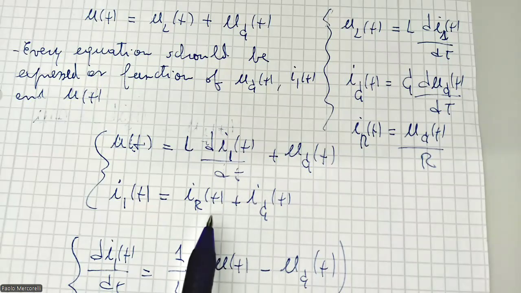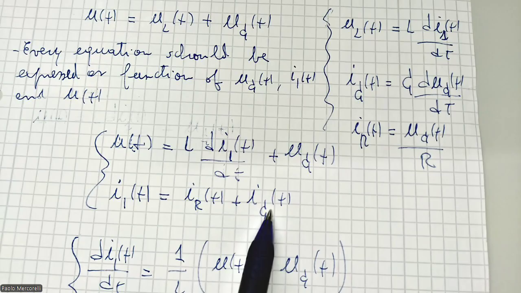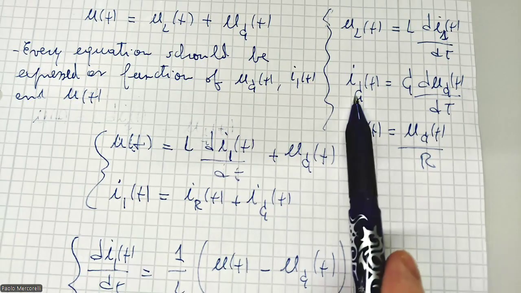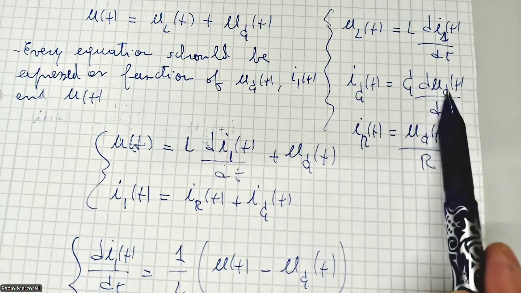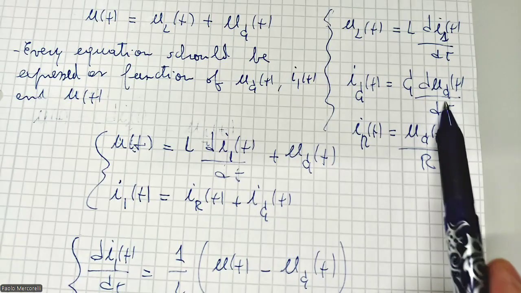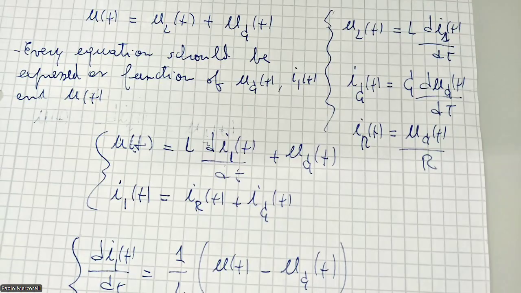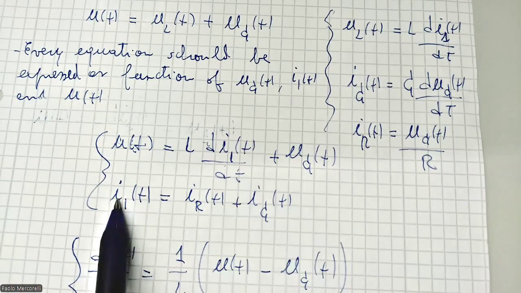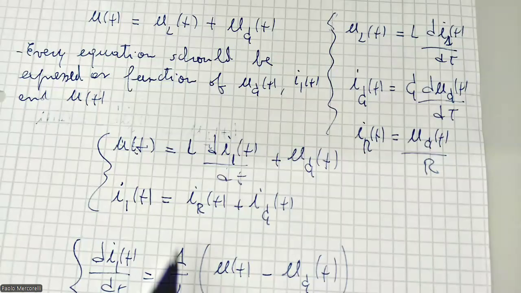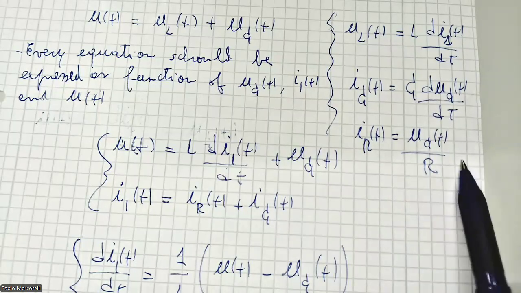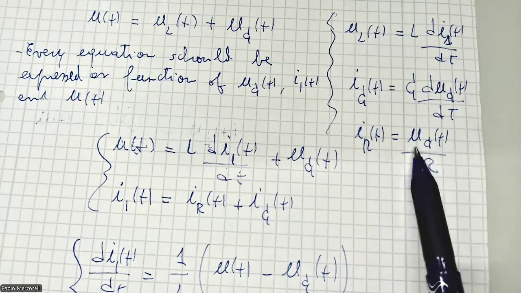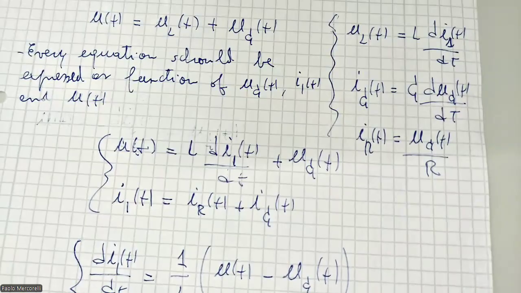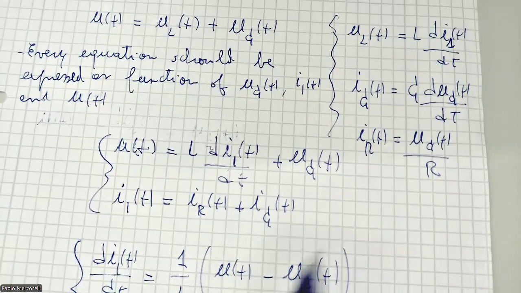This element here will become C, the derivative of UC with respect to the time. I can consider the variation of the electrostatic energy, which is reflected by IC through the derivative of the voltage with respect to the time. This means the derivative of the voltage with respect to the time is I1 minus IR, which is represented through the state in this form, UC divided by R, everything divided by C, because C originally was here.